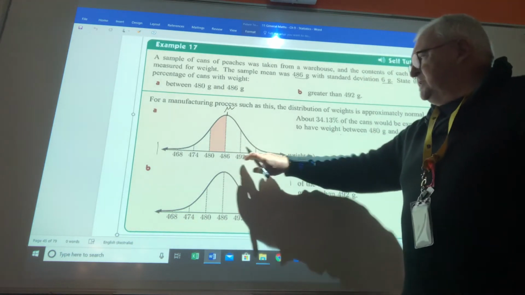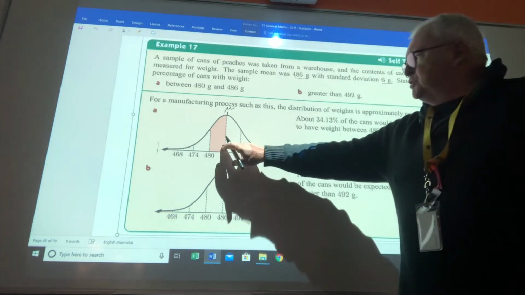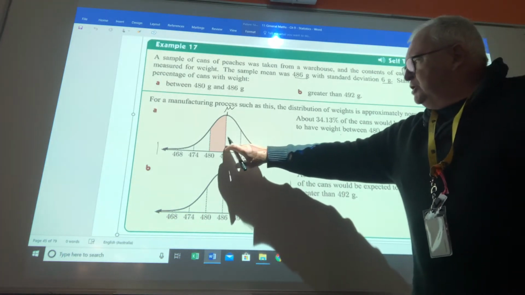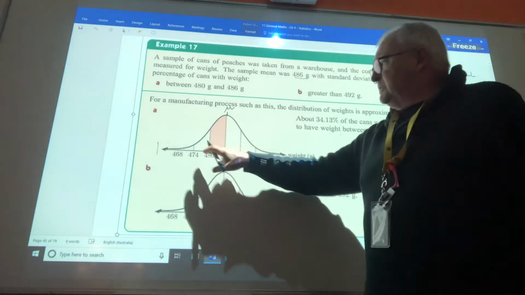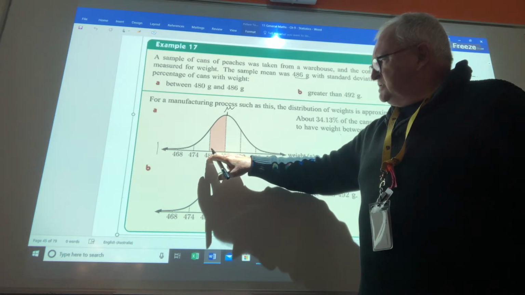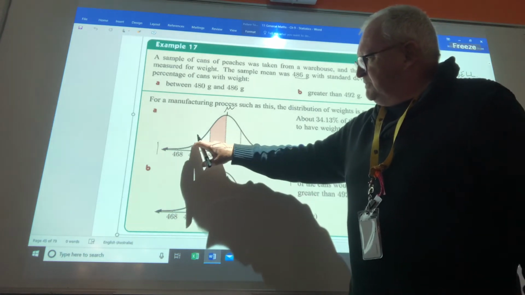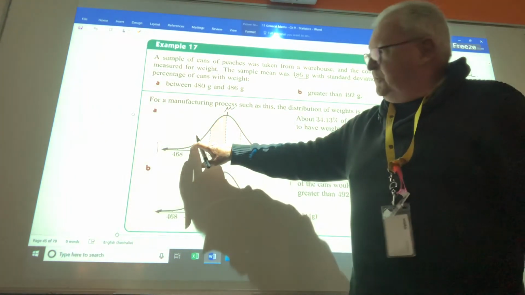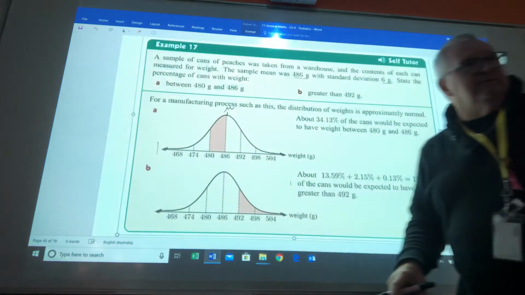If you add 6 to that, you get 498. If you add 6 to that, you get 504. So that's 1 standard deviation, 2 standard deviations, 3 standard deviations. Going back the other way, you take 6 away, 486, take 6 is 480, that's 1 standard deviation. Take another 6, 474 is another standard deviation the other way. 468 is 3 standard deviations the other way.